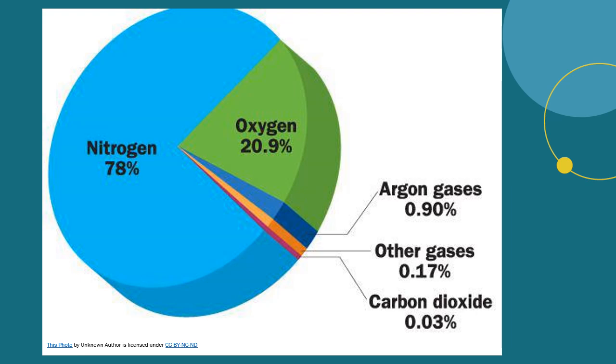Argon covers 0.90% or 1%, while carbon dioxide covers only 0.03%. The remaining 0.17% is made up of other gases such as water vapor, ozone, and chlorofluorocarbons.